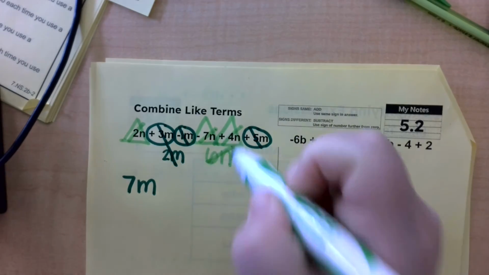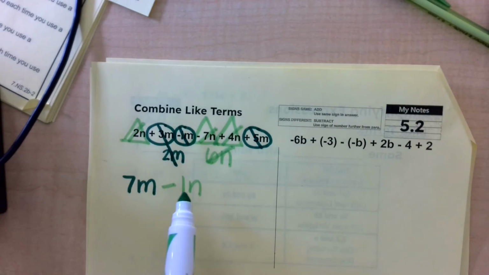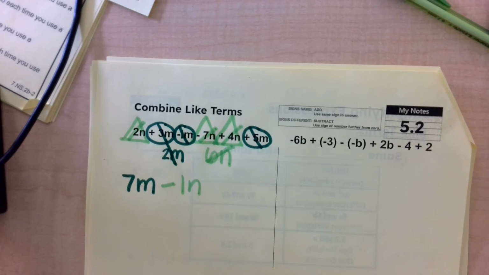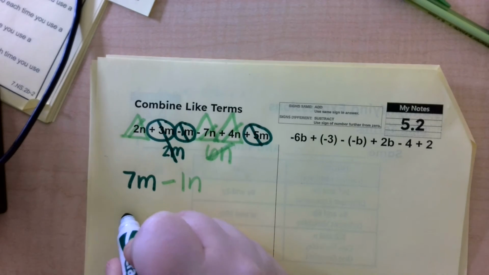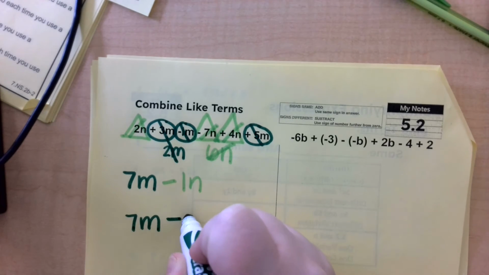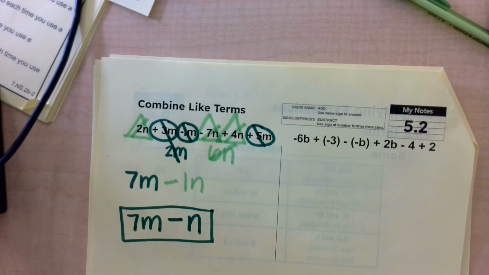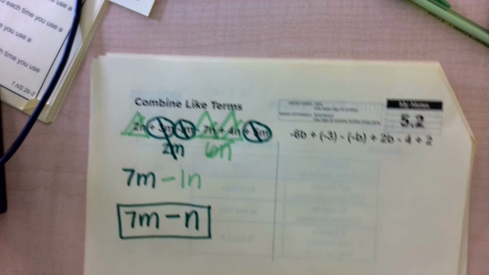So cross it out, minus 1n, or minus n. That negative 1 just turns into a minus 1. So my final answer is 7m minus 1n, or I could do 7m minus n. Either one is correct.